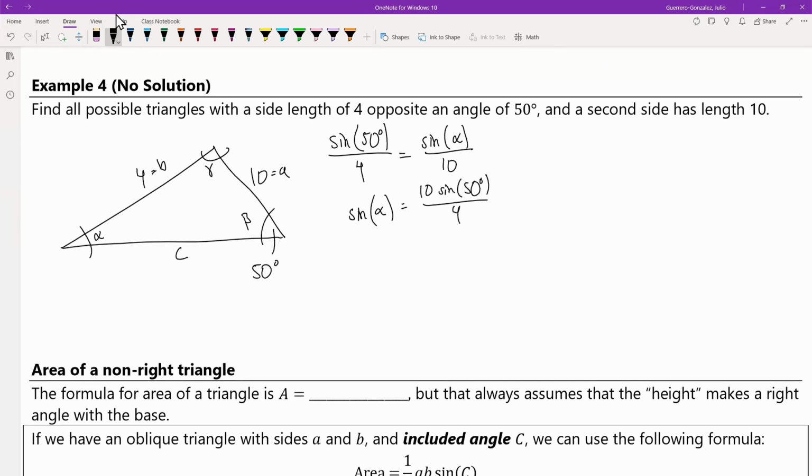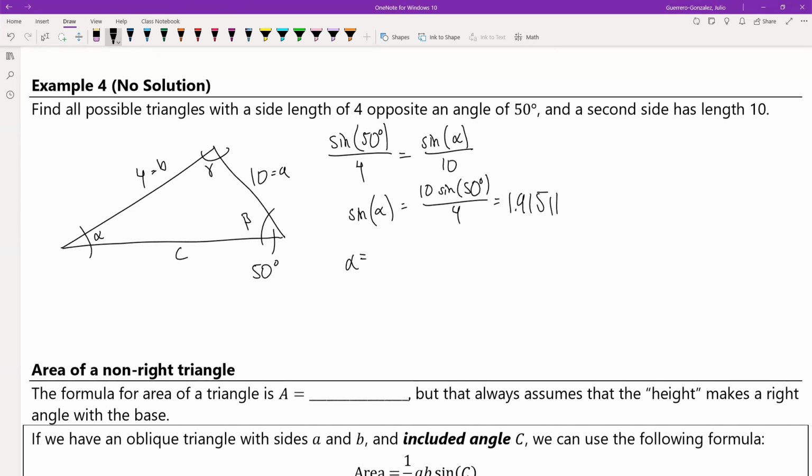Okay? If you throw this into your calculator, 10 sine 50 divided by 4, you get 1.91511, right? Okay.